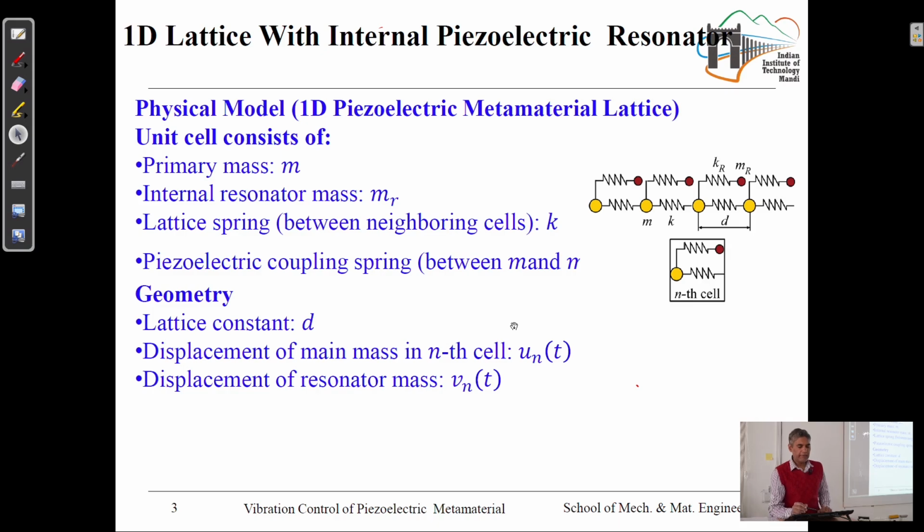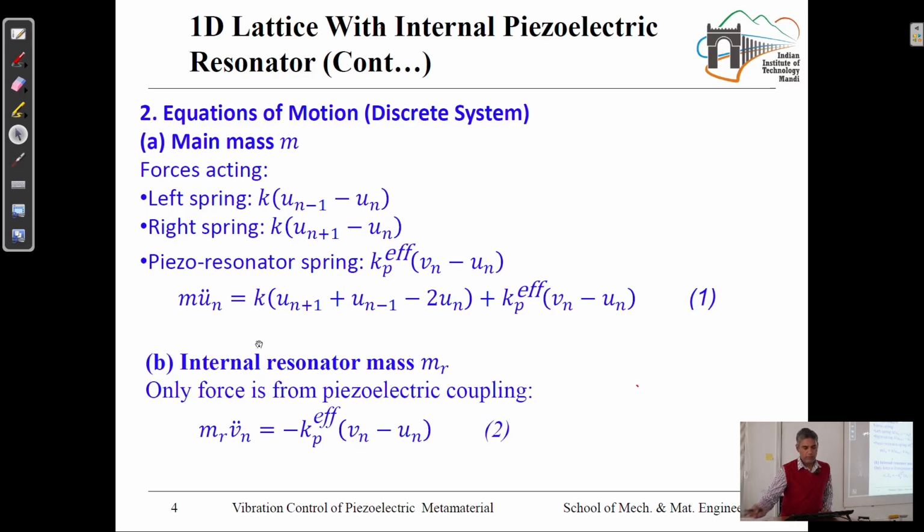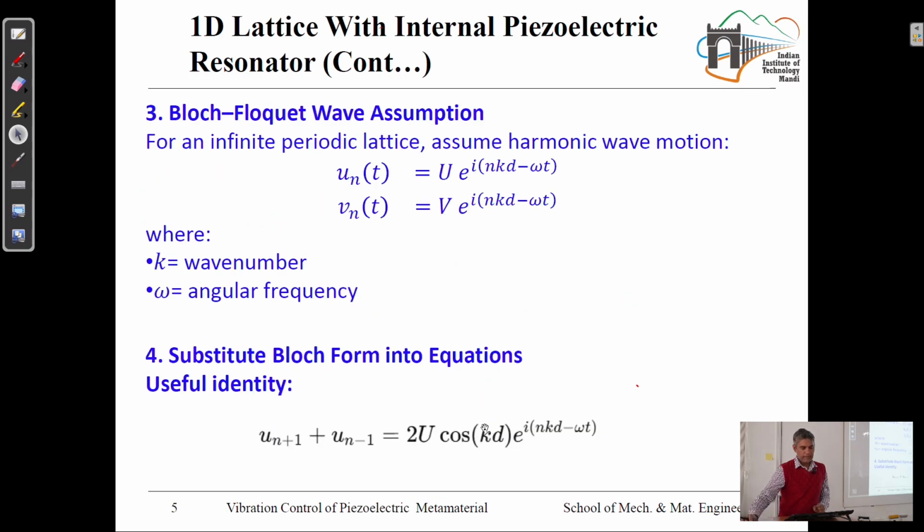And whatever we have discussed is mentioned here. Now you can see the forces which you have seen, right? These forces and the piezoresonator spring, we actually use Kp. Here it is written Kp effective. And we have these two equations, one equation is this, second equation is this. Yes. And then this is the solution which we have discussed, right?